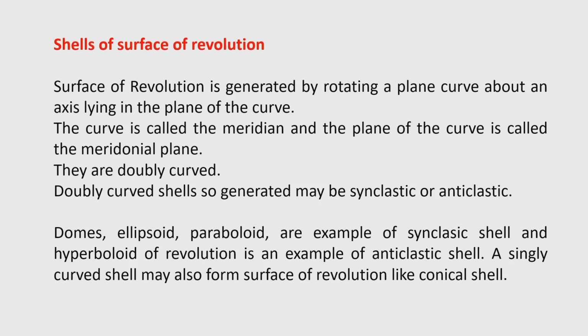When the plane curve is an ellipse, then the surface is known as ellipsoid of revolution. So, these surfaces of revolution are always doubly curved shells, and they may be synclastic or anticlastic also. Okay. Domes, ellipsoid, paraboloid are examples of synclastic shell, and hyperboloid of revolution that we have seen in case of cooling tower, that example I have shown you.